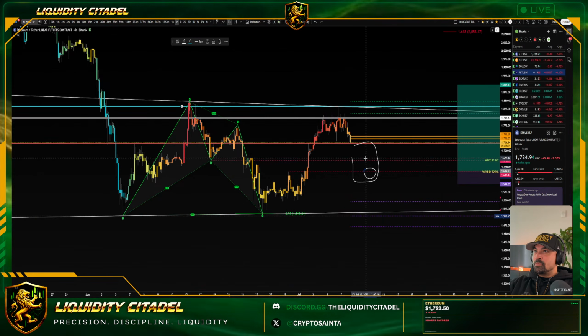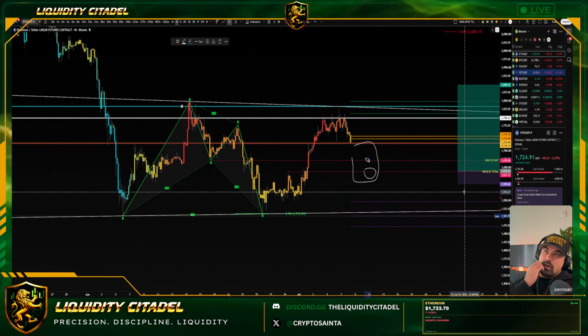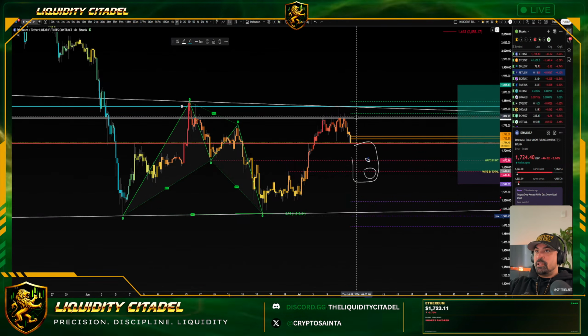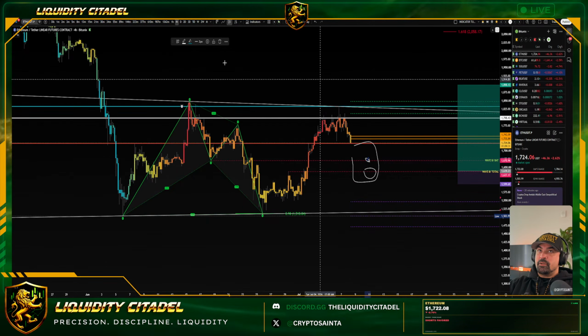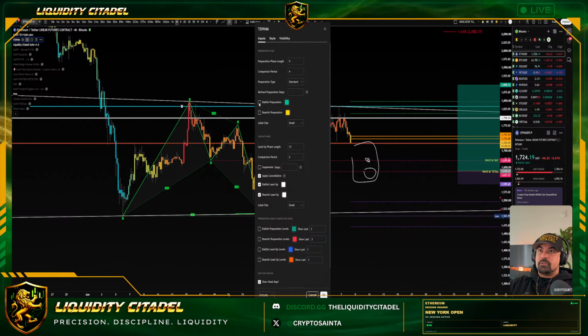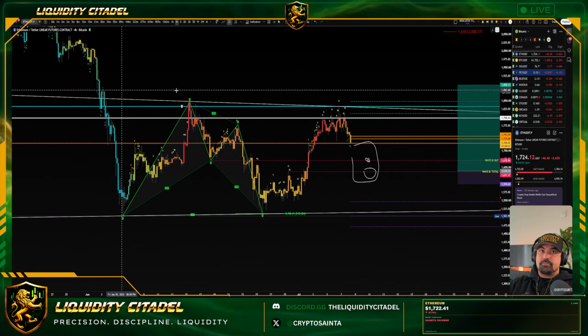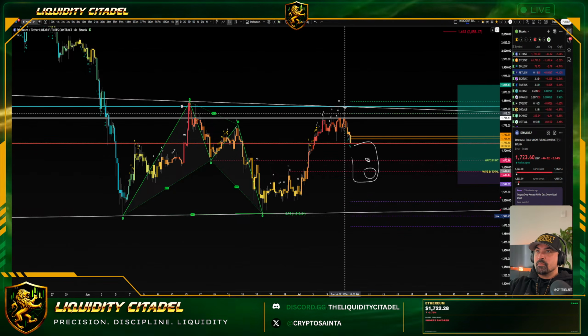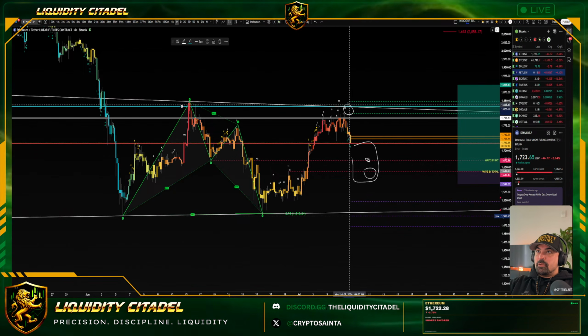Once we start entering into this area right over here, 1670, we start observing and seeing what's going on. What I'm looking for at this point is cooldowns. And I'll throw on the sequential count for us so we can see it visually. Nice, a 13 printed right over here.